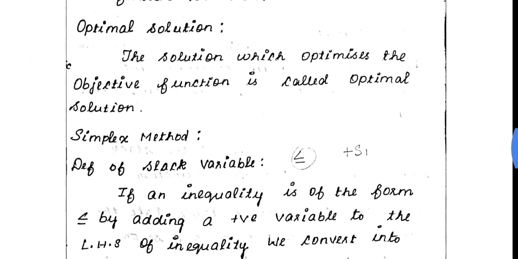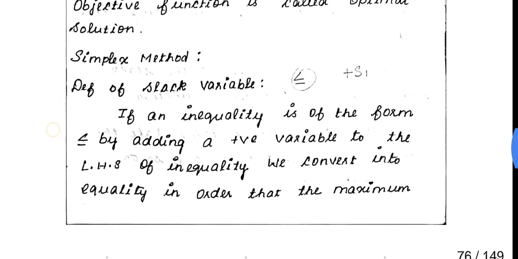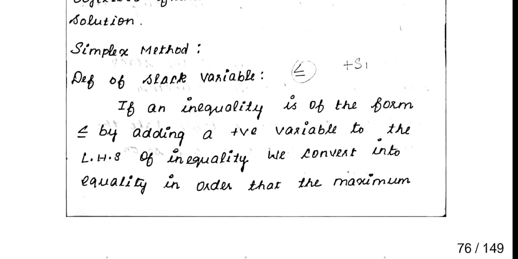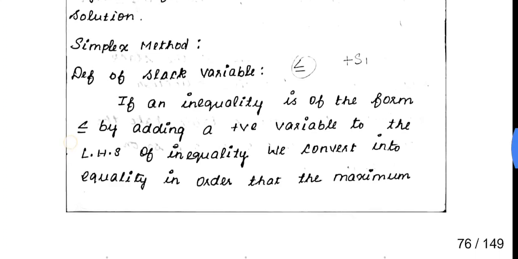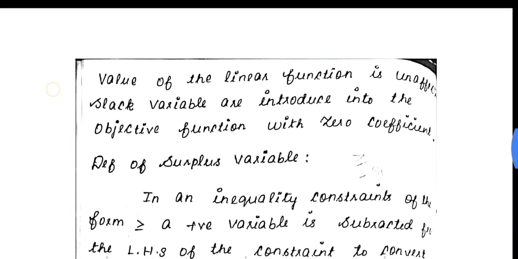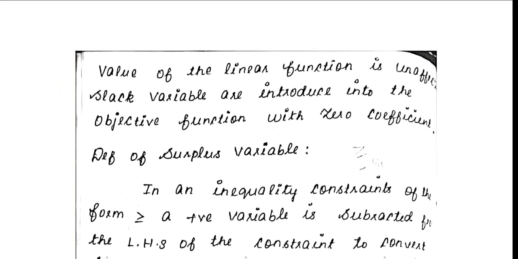Simplex method. We have to define the slack variable. If the inequality is of the form less than or equal to, by adding a positive variable to the left hand side of the inequality, we convert it into an equality. Such a variable is the slack variable, and it is introduced into the objective function with zero coefficient.